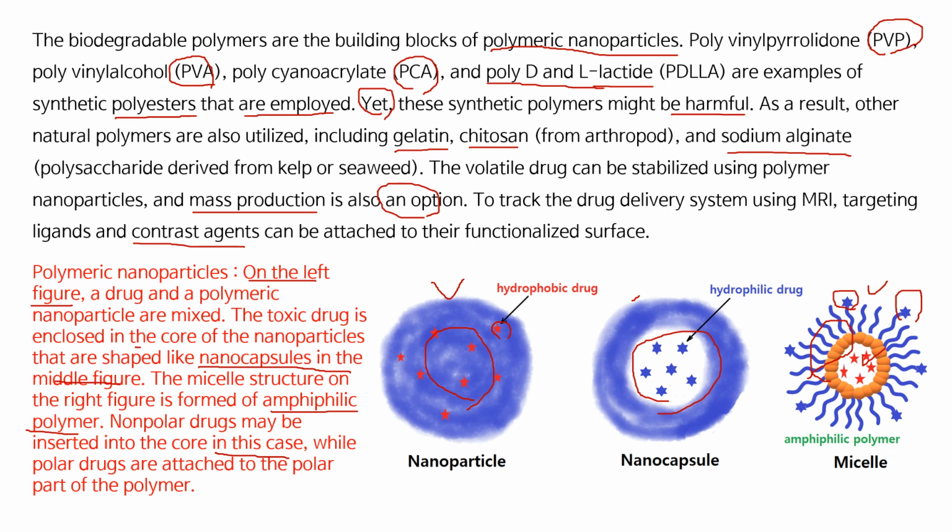There are three types of polymeric nanoparticles. Here, the drug and polymer nanoparticles are mixed together to form these spherical particles. And here, in the core of the nanoparticle, toxic drug is encapsulated.